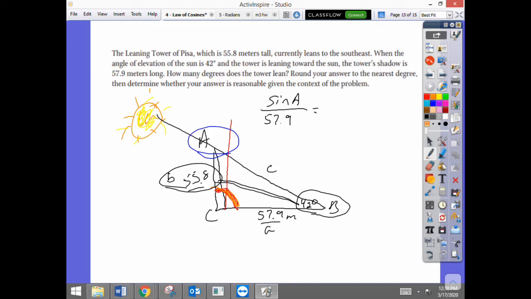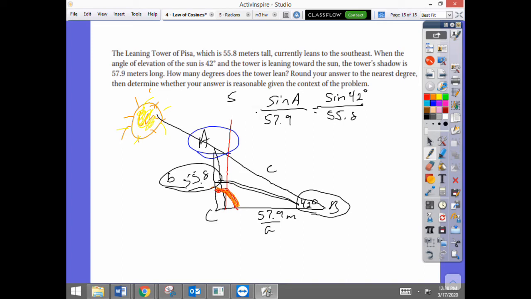When you know both a side and an angle, the law of sines is really helpful. I'm going to say this is the same as the sine of B over little b. And we know what B is. I should write that in here instead of just B. We know B is 42 degrees.